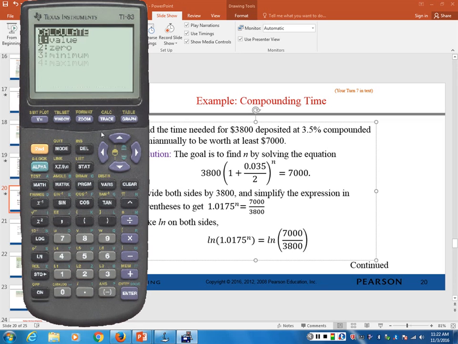So second, calc, number 5 intersect. So 35.2, we'll call that 35 is the value of n. And actually, since it's a little more than 35, we'll have to round it to 36.